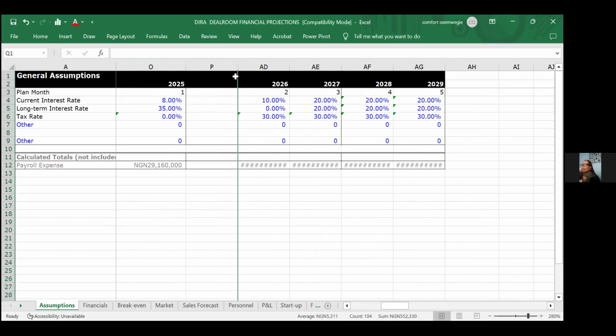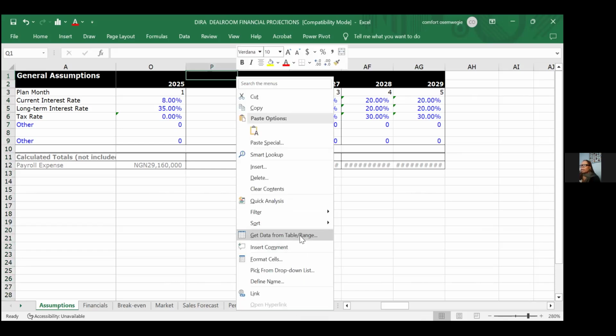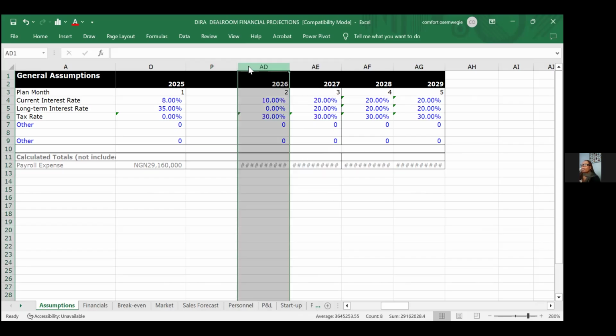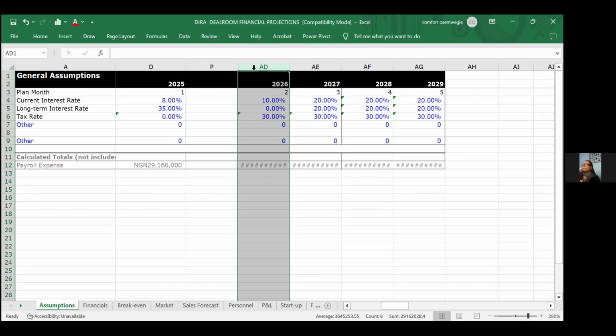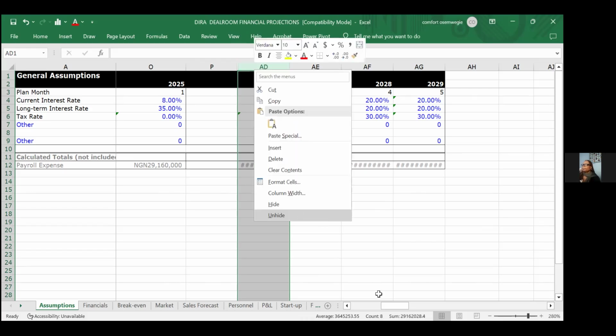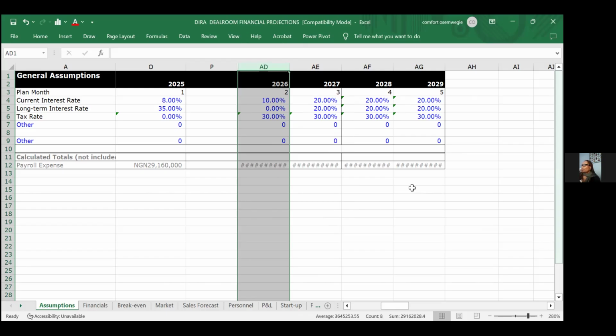Then all you need to do is to click around here and say unhide. So when I click on unhide, it's supposed to release all the other lines.